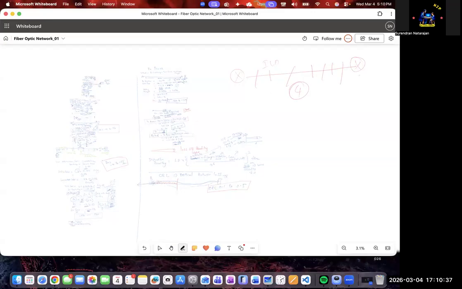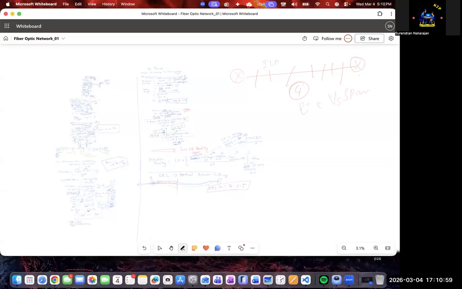Good question. That is the difference between link and span. A link is A to B, but a span is between stops. I gave you 2 conditions.